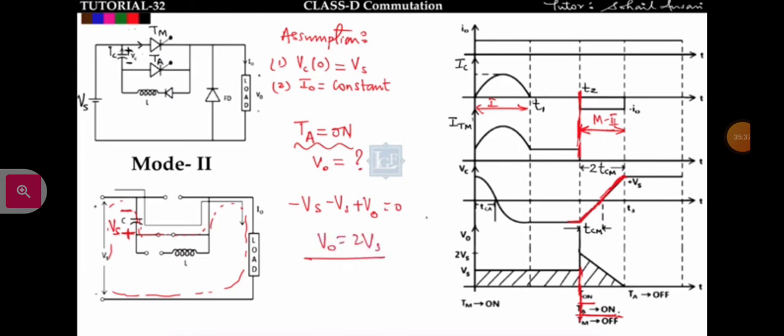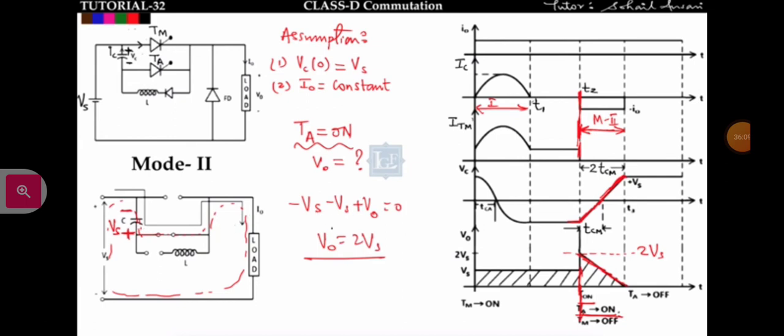So the moment when TA, auxiliary thyristor, will be on, at that time the output voltage will be equal to 2 Vs. Got it? And it will start decreasing linearly like this, because the capacitor will charge from minus Vs to plus Vs, and when this capacitor voltage will become equal to plus Vs, the output voltage will be equal to 0.